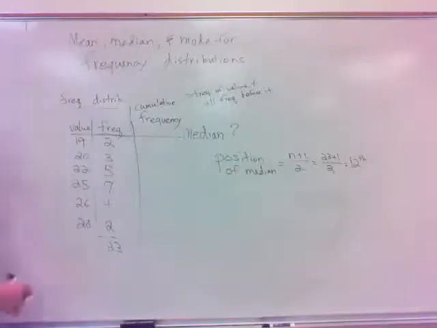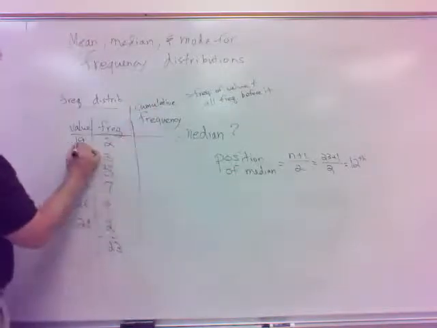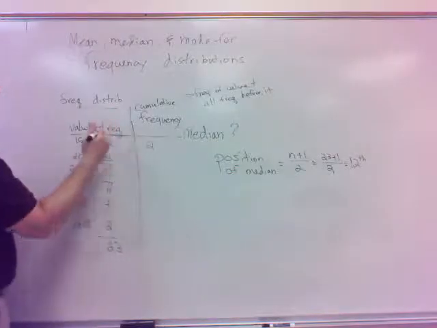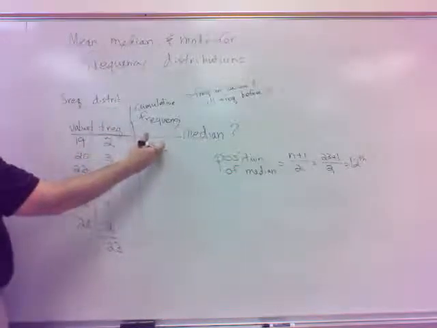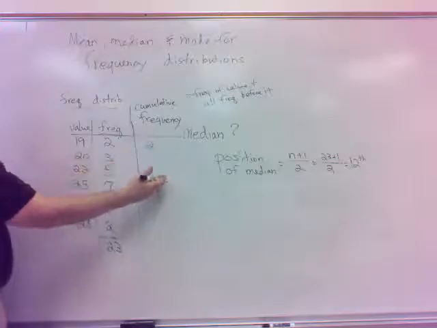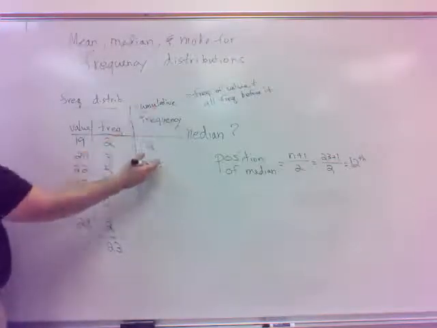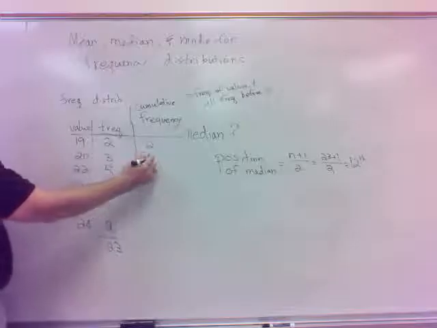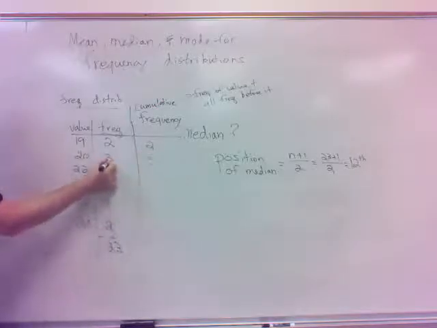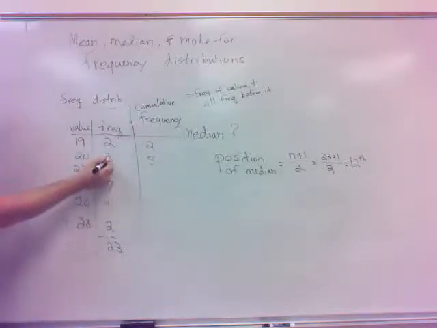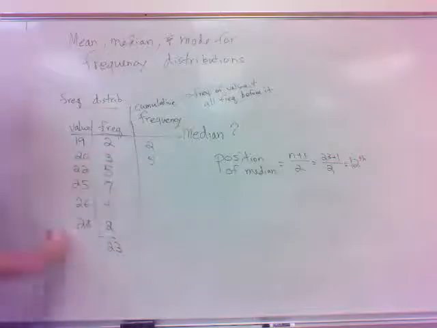For example, if I start with the frequency here of 19 being 2, well, there's nothing before it, so the cumulative frequency here is just 2. However, the next cumulative frequency would be 5, because I would just take this frequency plus the one before it, so 3 plus 2, I got 5.